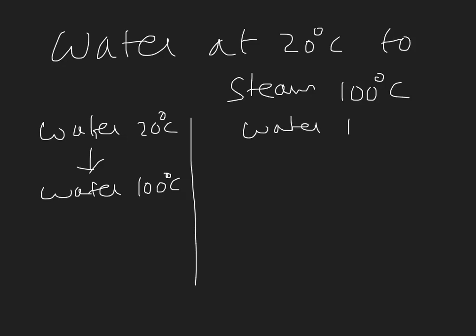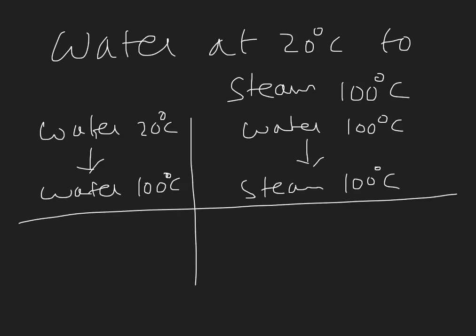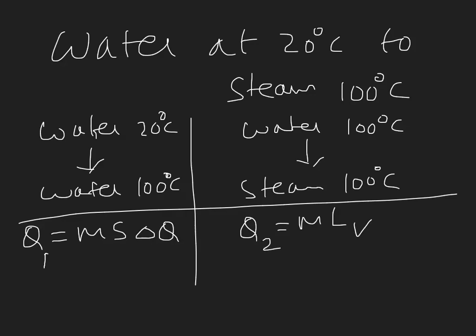Next, water at 100 degrees centigrade to steam at 100 degrees centigrade. Here, in the same state, temperature changes, so m s delta theta. Here there is a change of state, mLv, not Lf, mLv. Why mLv? Steam to water, water to steam, we call it Lv.